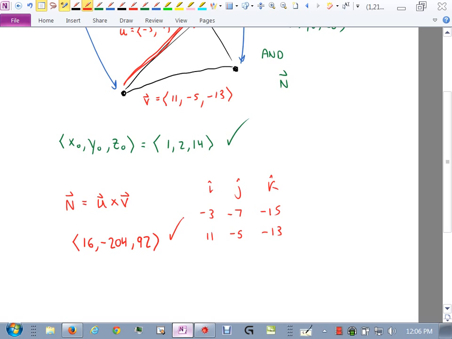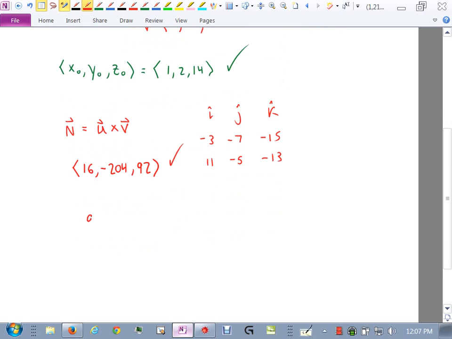And so we have everything we need, right, to write the equation? The equation of a plane is A, x minus x naught, plus B, y minus y naught, plus C, z minus z naught, equals 0. So my A is what?